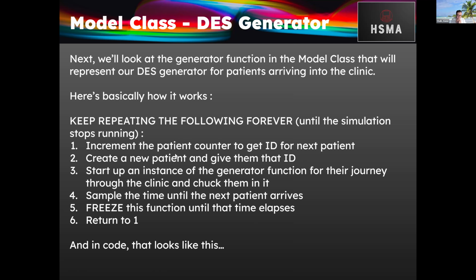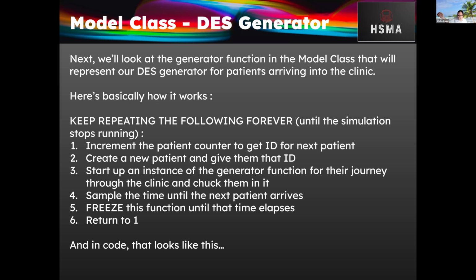I'm going to get it to increment the patient counter to get the ID for the next patient. It'll then create a new patient. And remember, we've got an object-oriented structure, so it'll create a new patient object. And it'll say, here you go, here's your ID. Then it'll start up an instance of the generator function that we're going to write in a minute that will represent their journey through the system.